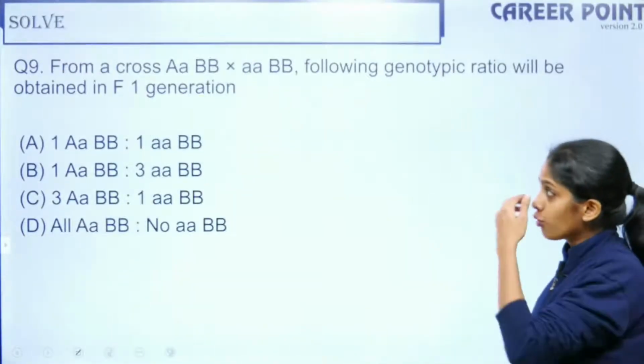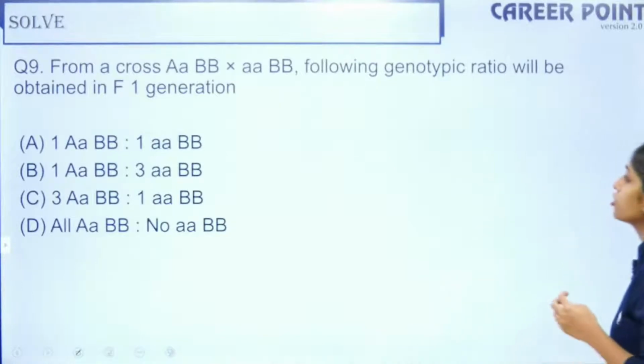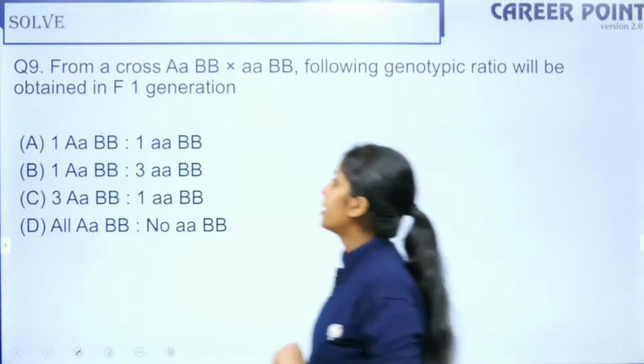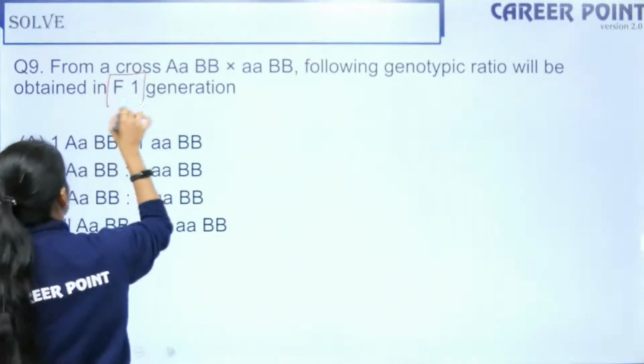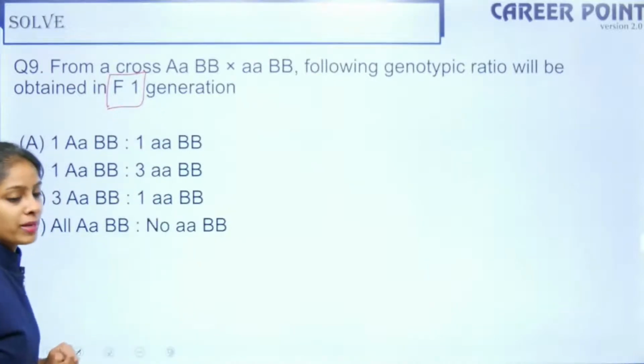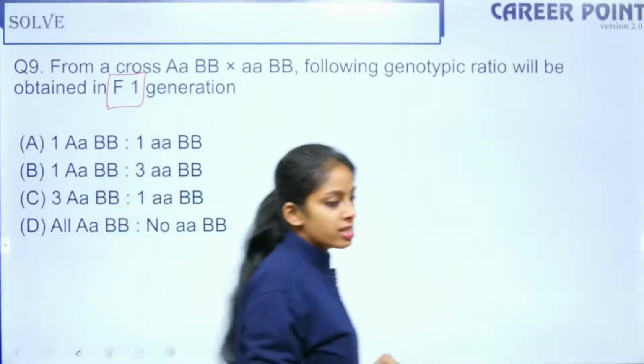Question 9. From a cross of the following, the genotypic expression obtained in the F1 generation will be. Come on, please take your time and give me the right answer. Quick.